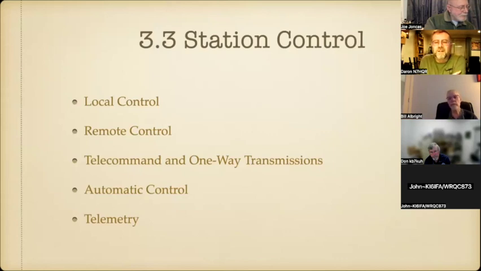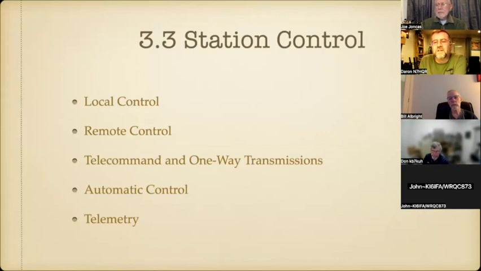So there needs to be a method to do that. And that's usually done via radio. And if it is done via radio, that control link has to be above 220 megahertz. So if we have a VHF repeater, the control link needs to be above 220.